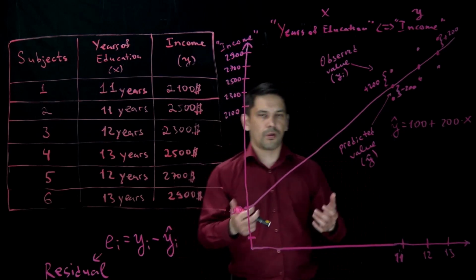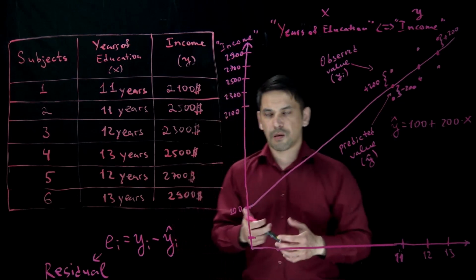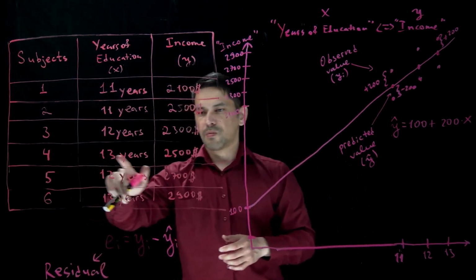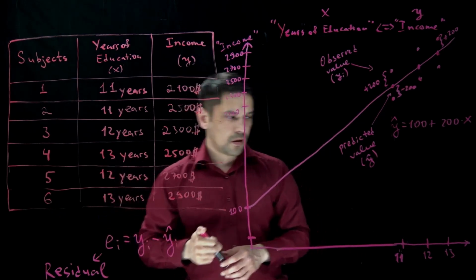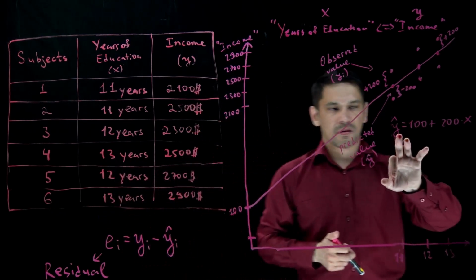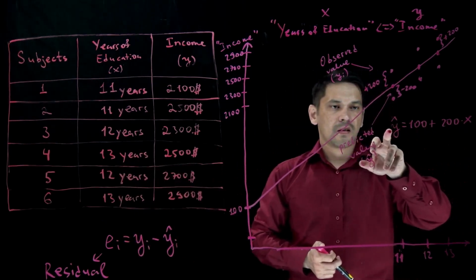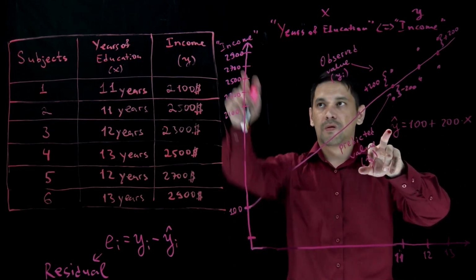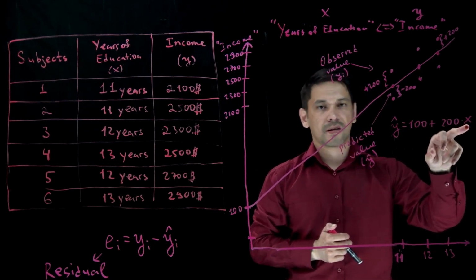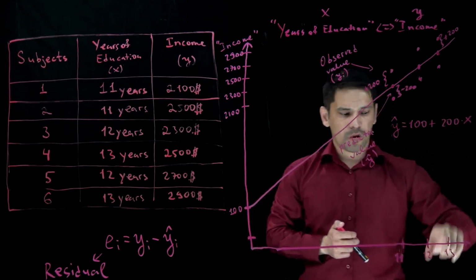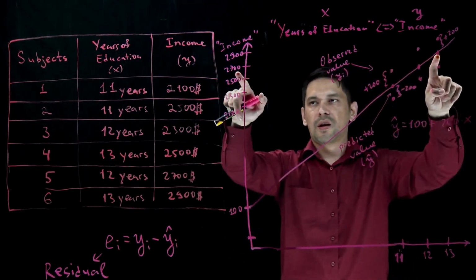You can also think of a residual as something like a prediction error. I'll give you an example. Let's say this guy comes up to me and says, well, I have 13 years of education. Please guess my income. I can use the regression equation to guess his income, so I can put in 13 instead of x. The predicted value of y, the predicted value of his income, is going to equal 100 plus 200 times 13, which is 2,700. So I can tell this guy, if you have 13 years of education, I predict your income to be 2,700.